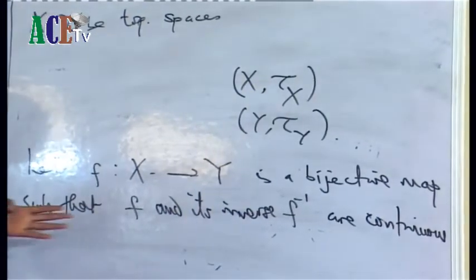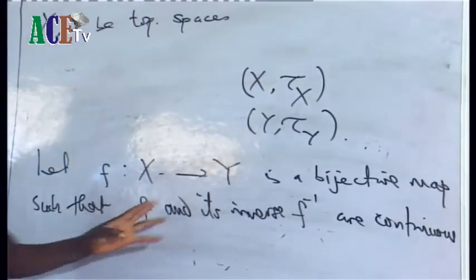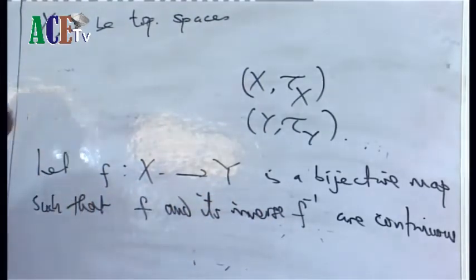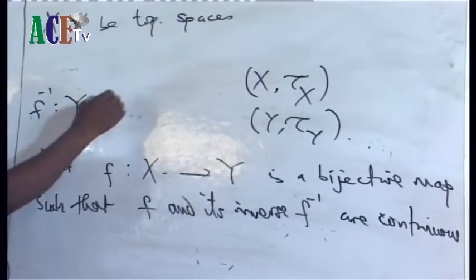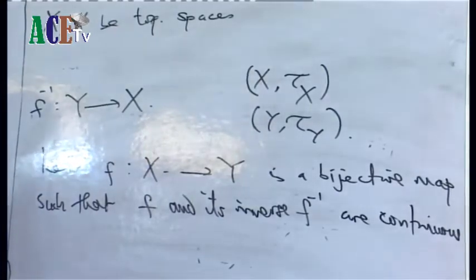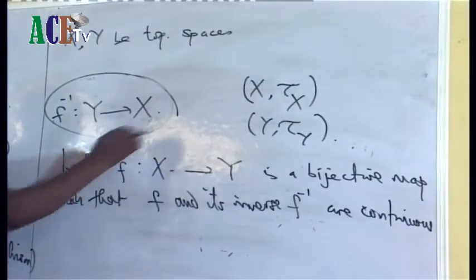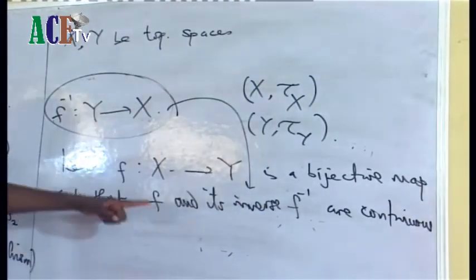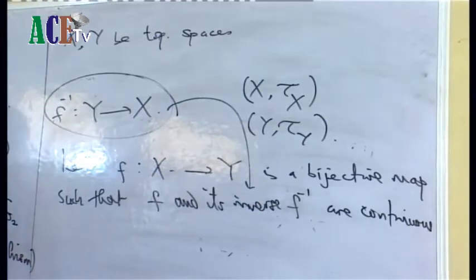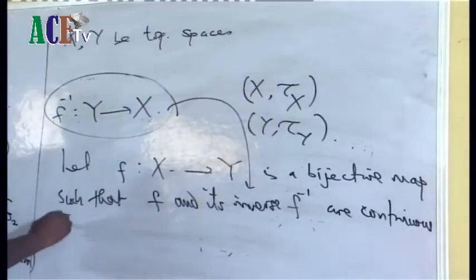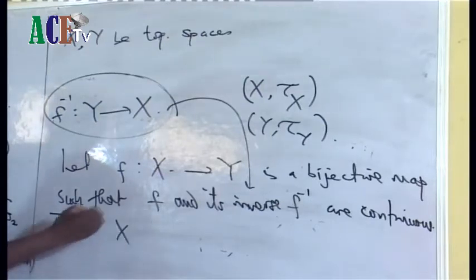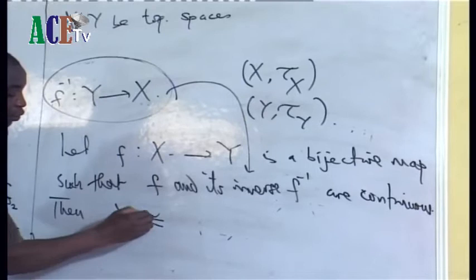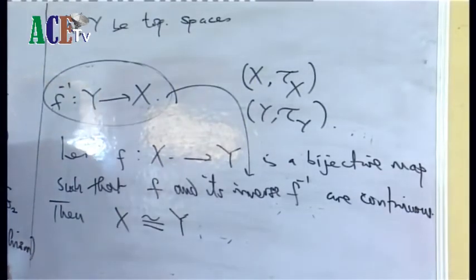Now, when you have the continuity of both F and its inverse, of course, you know the inverse of this map will take Y to X. So that is the inverse. So if both of them are continuous, then we say X and Y are said to be homeomorphic to each other.